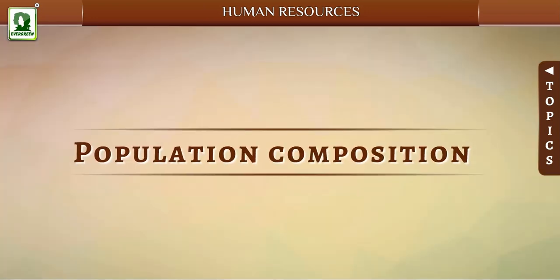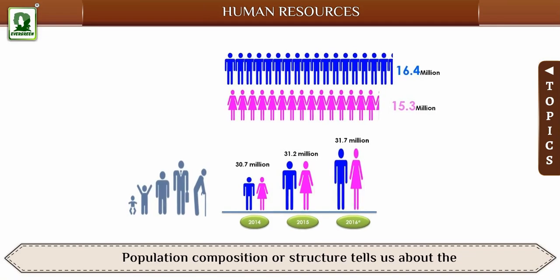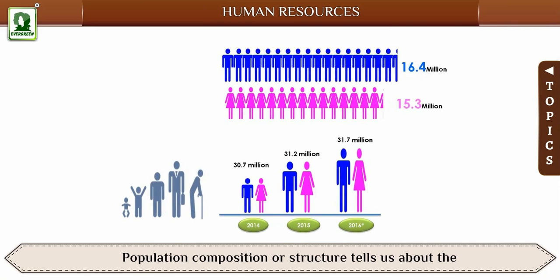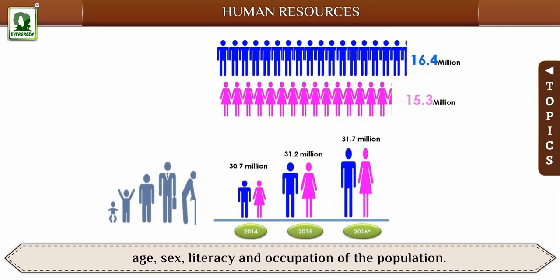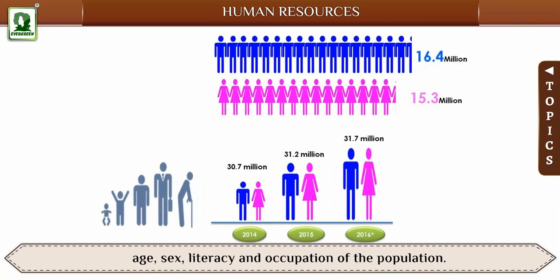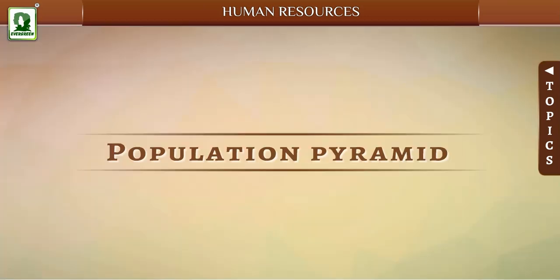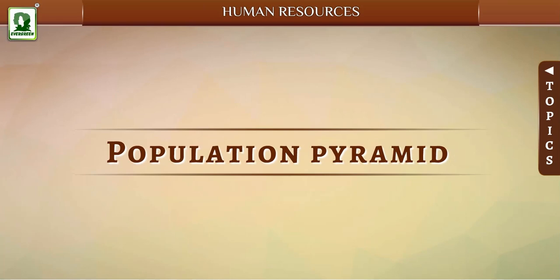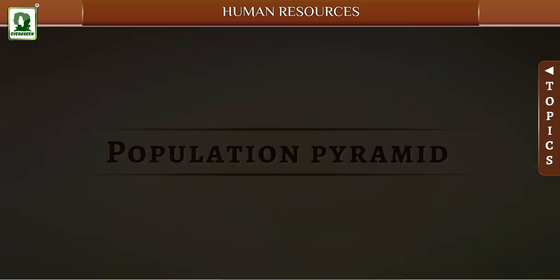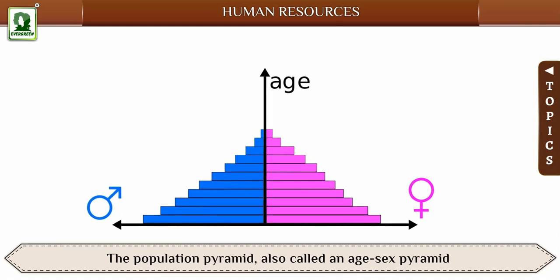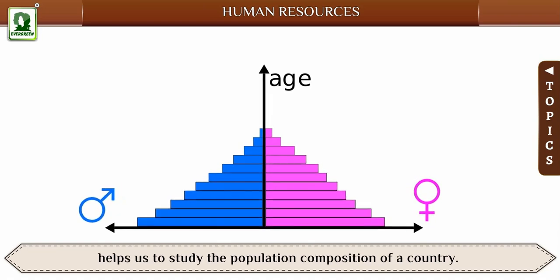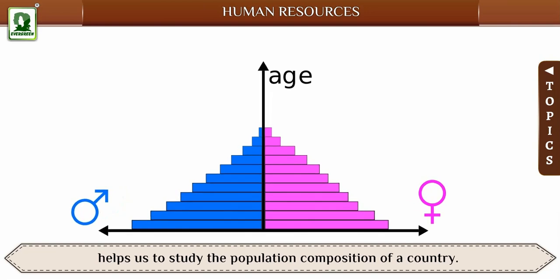Population composition. Population composition or structure tells us about the age, sex, literacy, and occupation of the population. Population pyramid. The population pyramid, also called an age-sex pyramid, helps us to study the population composition of a country.